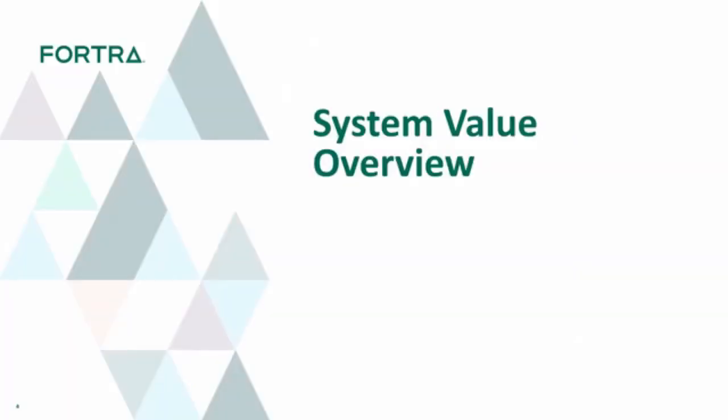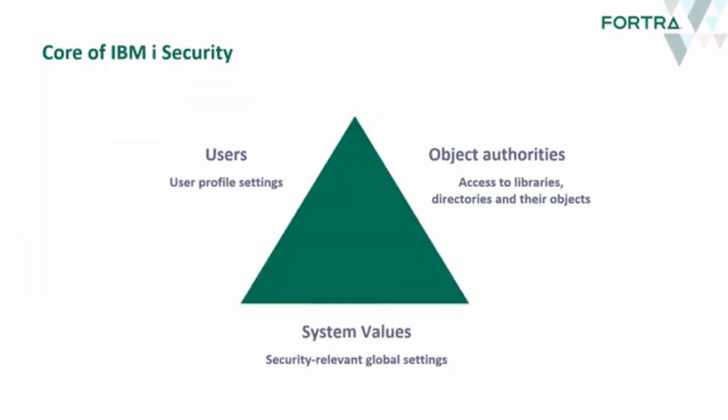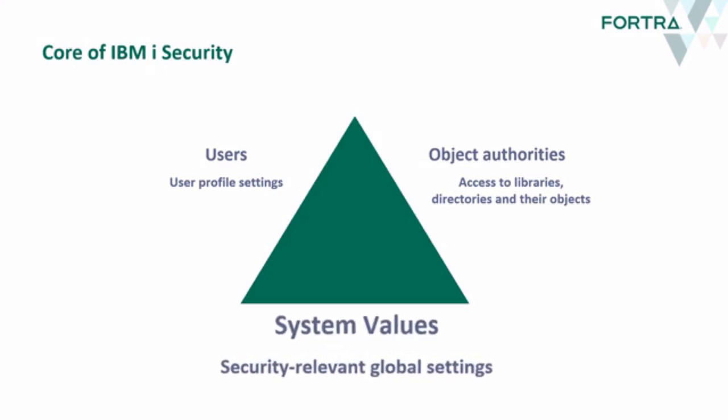So when we talk about system values, setting the tone for security on your IBM, system values play a key role in the overall security of your system. Now, it really is a three-pronged approach where you have user profile settings, you have object authorities, and you have system values. And we're going to talk about some of those system values that actually can get overridden at the user profile level.